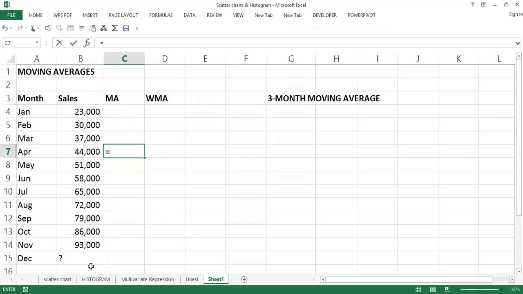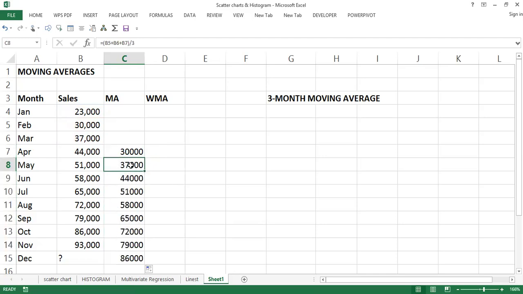Equals the first month sales, plus second month sales, plus third month sales, divided by 3. That's the average. Of course, if you pull that down to do the whole thing, you can see that May is average of February, March, April.